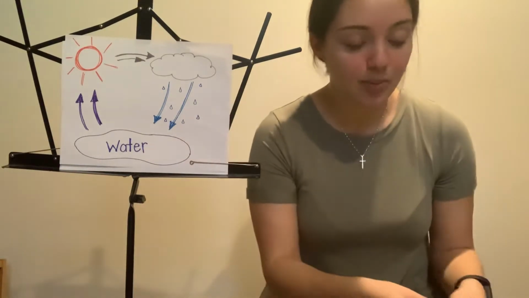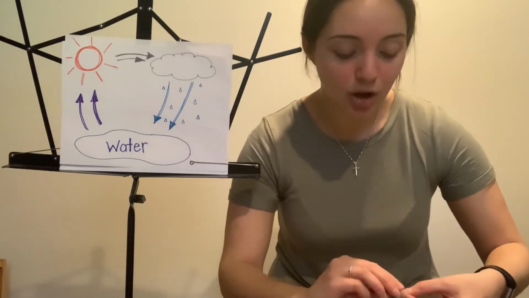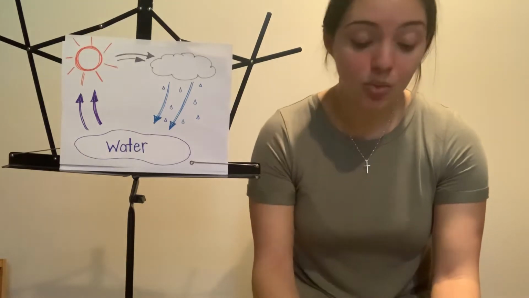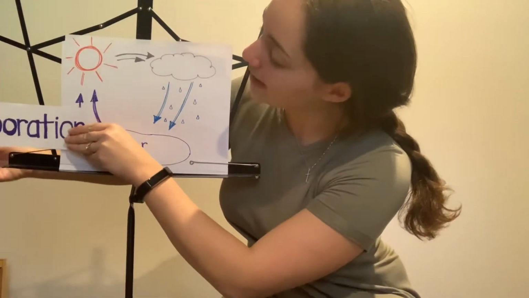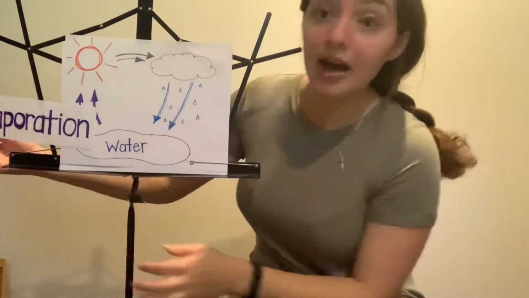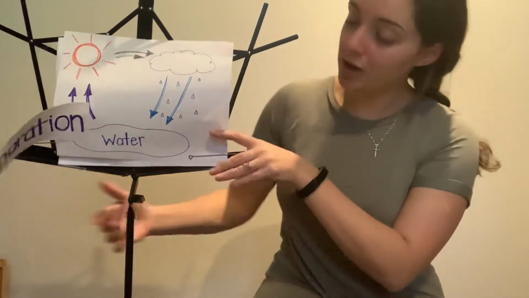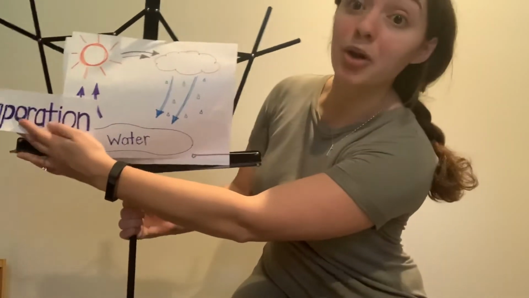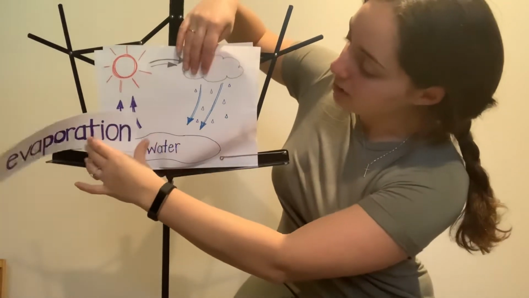So let me tape that onto our water cycle chart here so we know where evaporation goes. It's what happens when the water goes from a liquid to a gas and disappears into the sky from the lake, all right? So I have my word evaporation over here where the arrow is pointing up. Water goes up with evaporation.